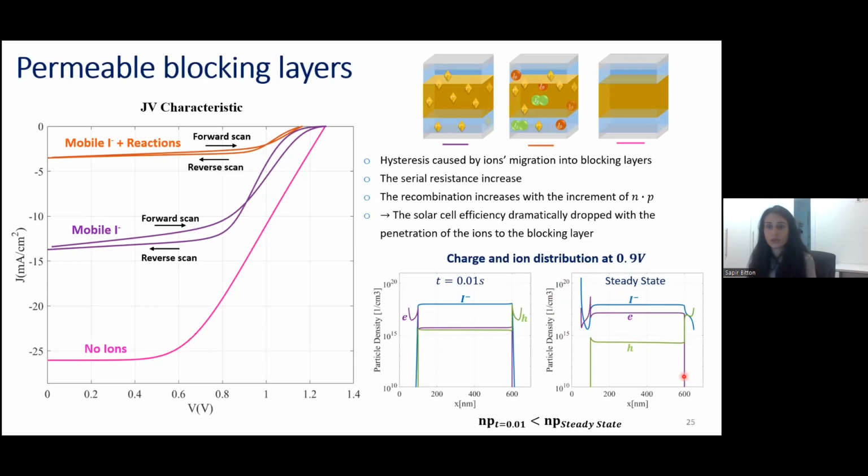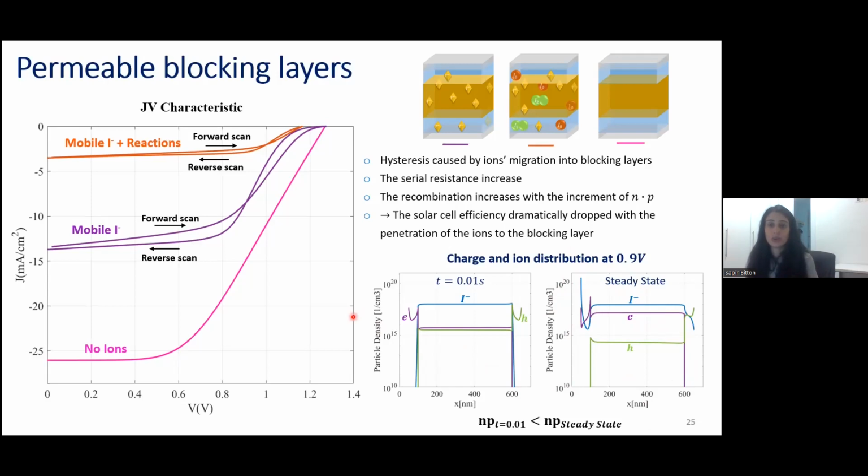So when the ions leave the perovskite, electrons arrive to compensate for them. As the electron density increases, the recombination also increases, and the short circuit current decreases.